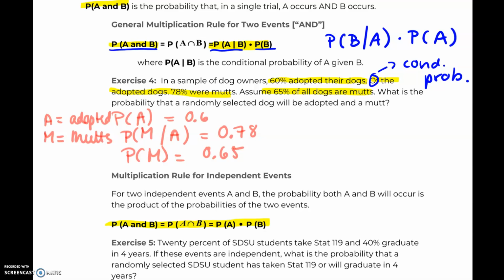What is the probability that a randomly selected dog will be adopted and a mutt?